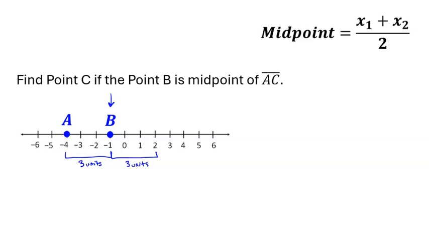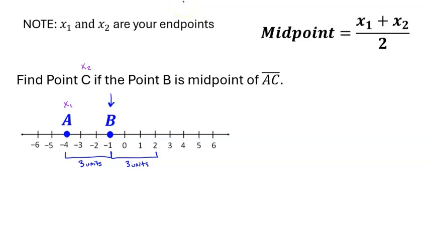But thinking about using our midpoint formula, here's our midpoint formula again. I know that this is now x1, but point C is going to be x2. So go ahead and make a note that x1 and x2 are your endpoints.